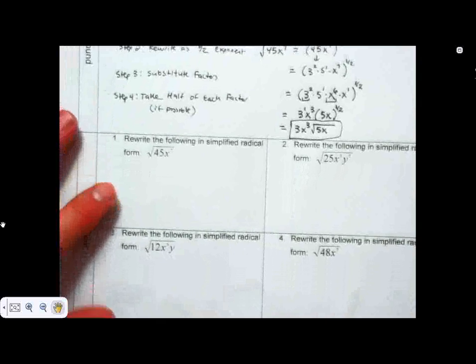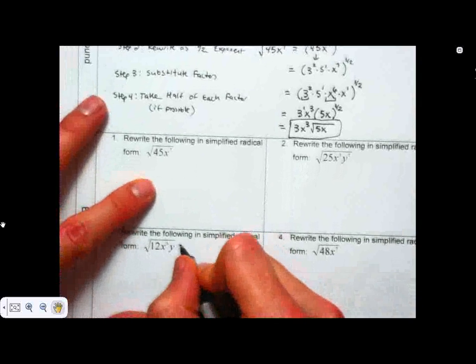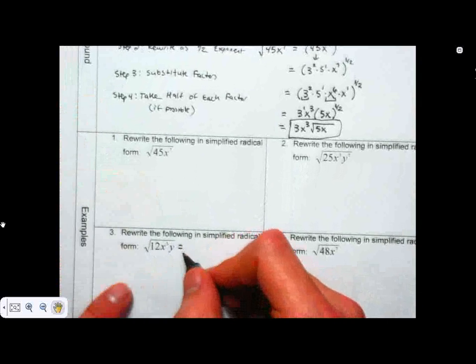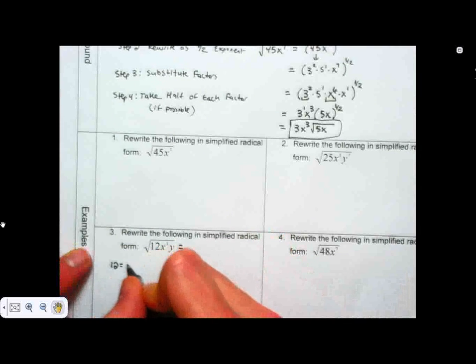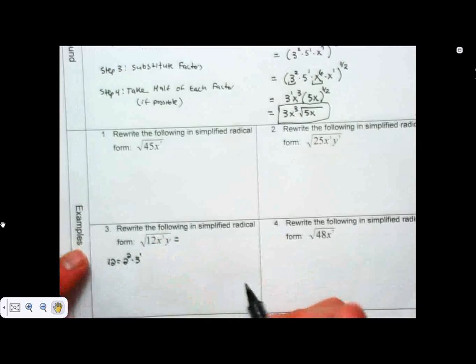Okay, I want you to try number 3, pause the video, and then restart when you've given it a try. Okay, so number 3, the first step again is to break down the 12, which you should have gotten that 12 is equal to 2 squared times 3 to the first.